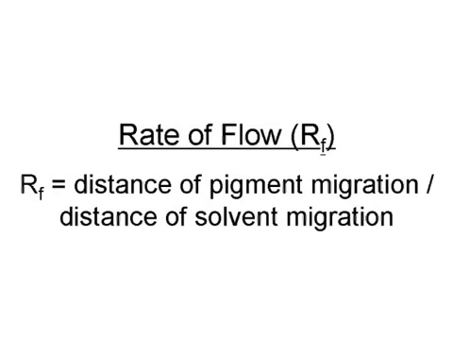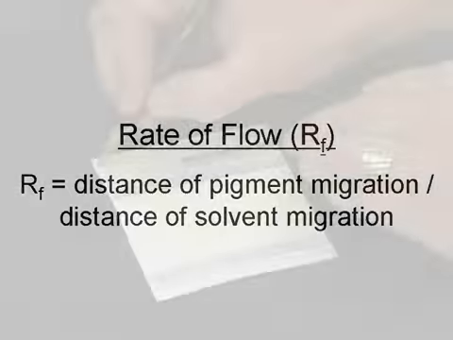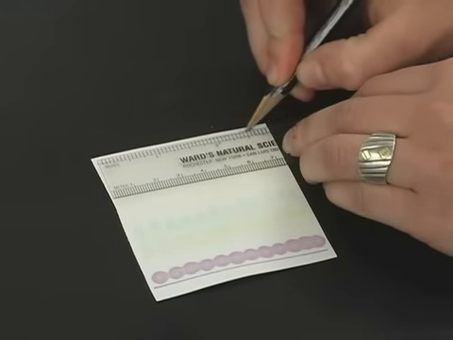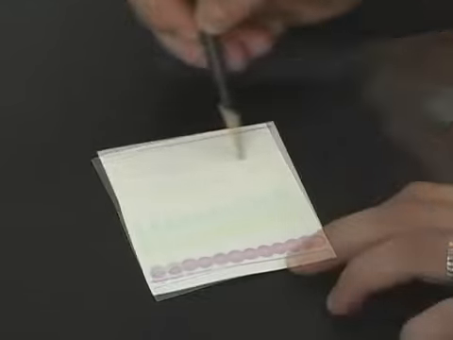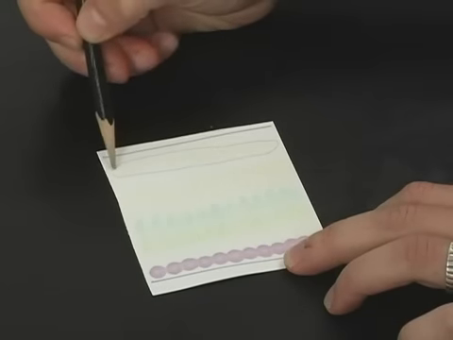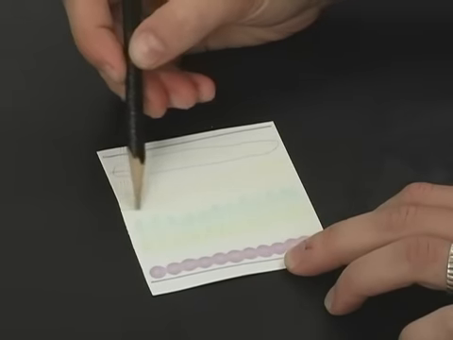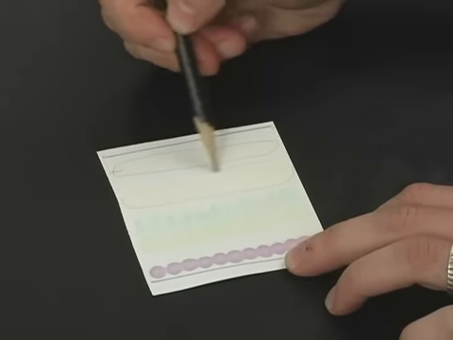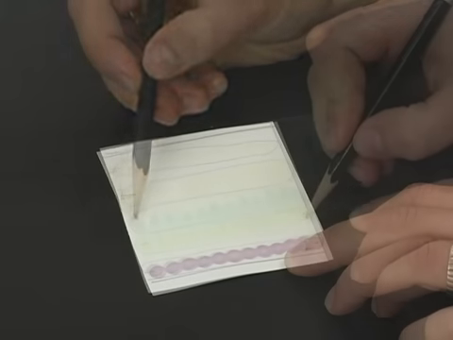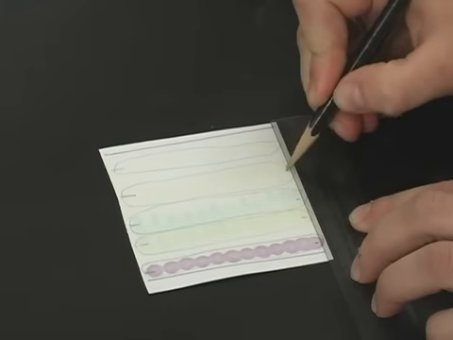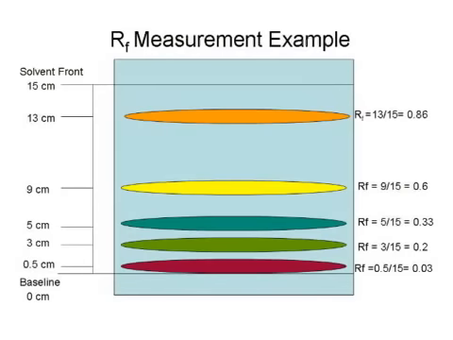The equation used to calculate the rate of flow is RF equals distance of pigment migration divided by distance of solvent migration. First, draw a line at the center of your solvent front. Then, circle each pigment and mark the center. These are easily measured using a metric ruler and then plugged into the equation for each pigment.